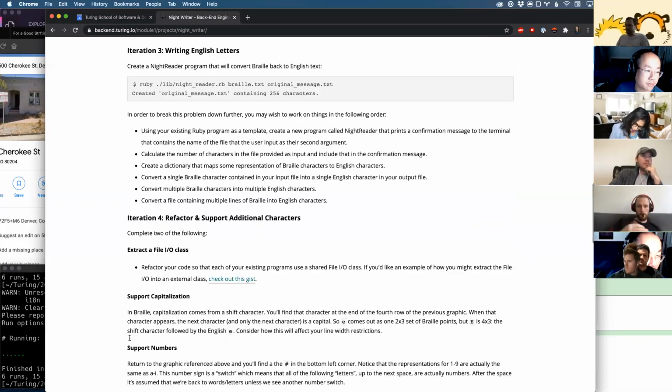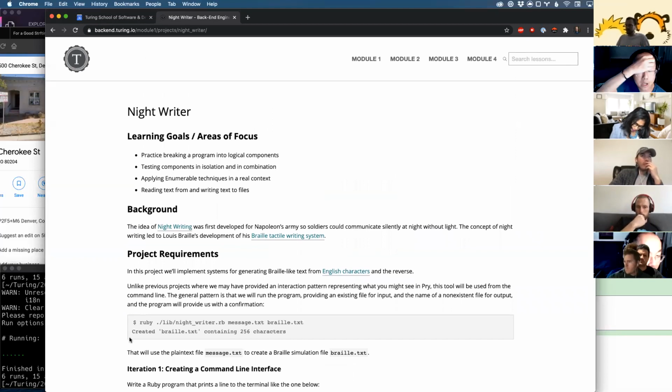I think the challenging part of this project is that we're looking for you to break this program out into logical components, like the appropriate number of classes and objects, things adhering to SRP. We want you to really show us that you understand the 4 pillars of OOP and implement things that show that.